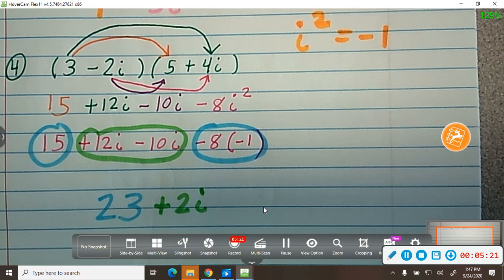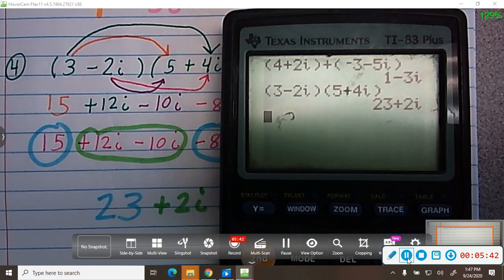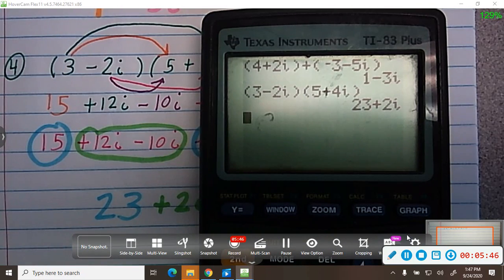Now if I wanted to, I could type this in the calculator and notice 23 plus 2i. And if you see what we got was 23 plus 2i. So you can do all of this on your TI-83.